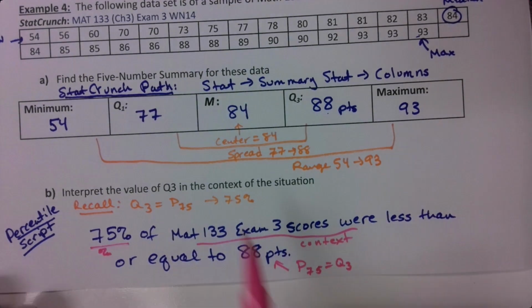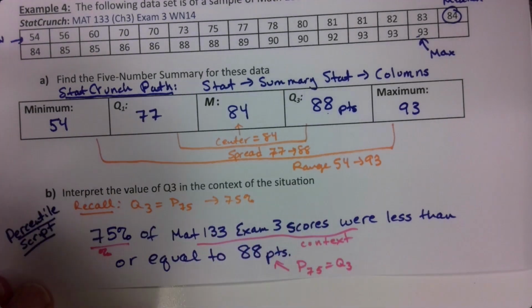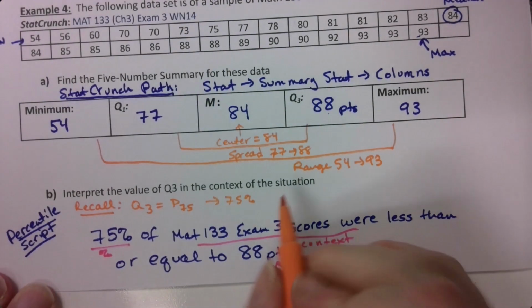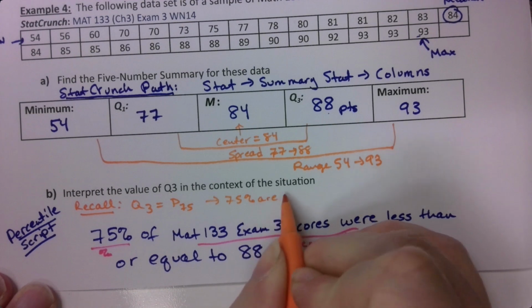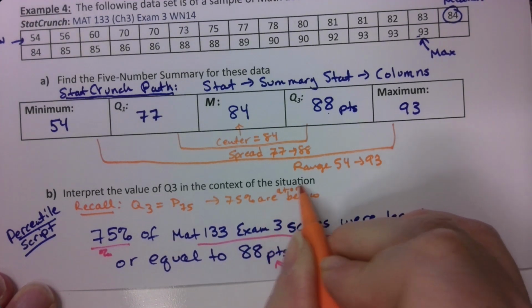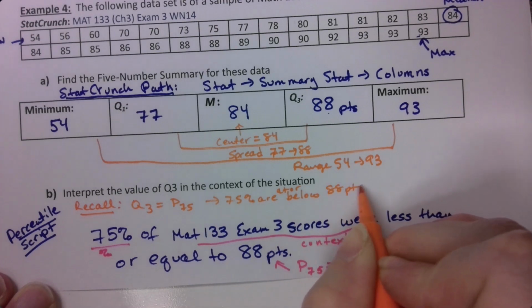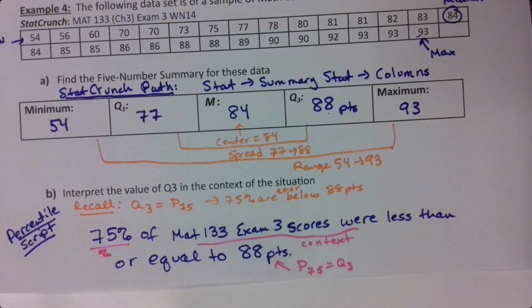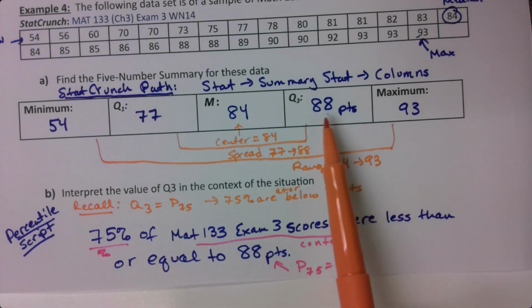So Q3, oh, I guess I should say, this is 75%. I don't want you to get confused here. 75% are below, it's technically at or below 88 points. Right? That's what we're trying to say down here. So 75% of the MAT 133 scores were less than or equal to that value right there.